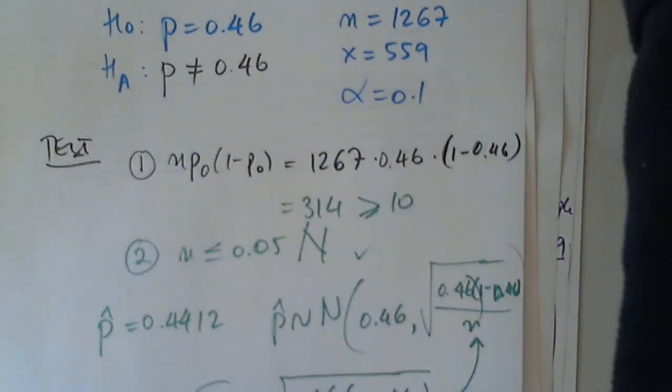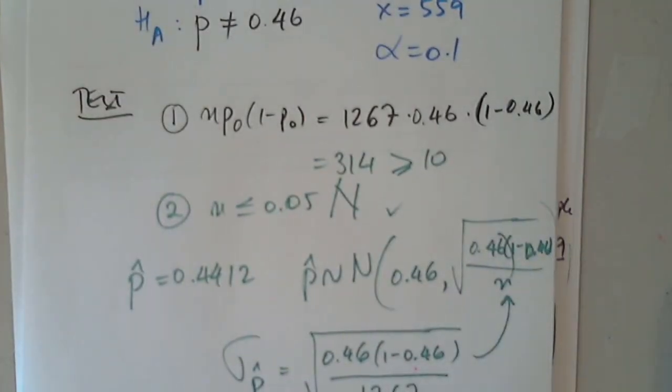Number of successes, 559. Number of observations, 1267. We want to do hypothesis testing, and this is 0.46. It's a two-tailed test.